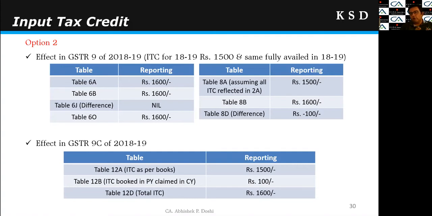So it is always advisable that in such ITC cases we reflect ITC of 17-18 taken in 18-19 under table 6M, any other ITC. That will be the best, or one can say the most preferable solution. And as we discussed, in 9C there will not be much impact.